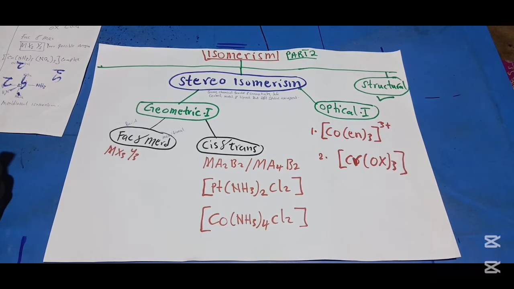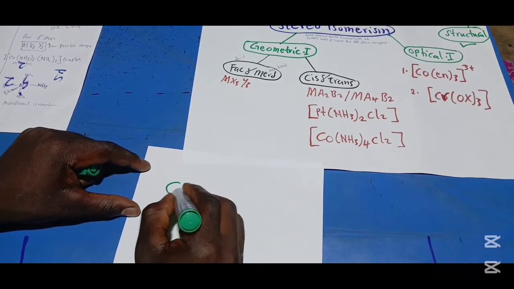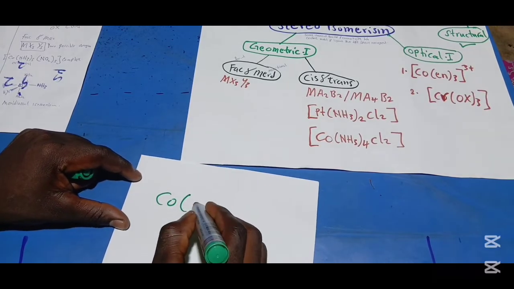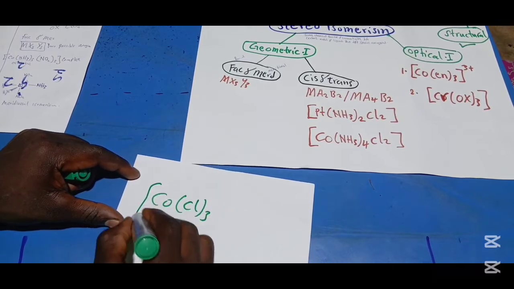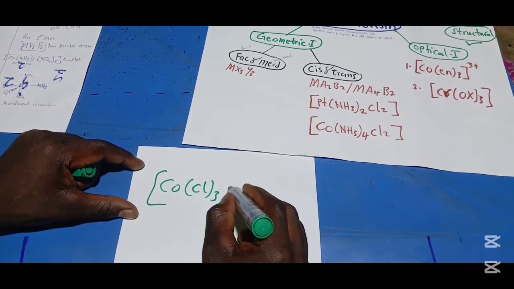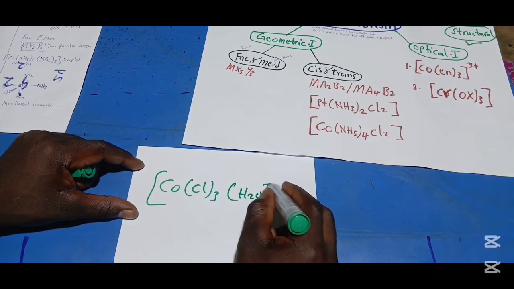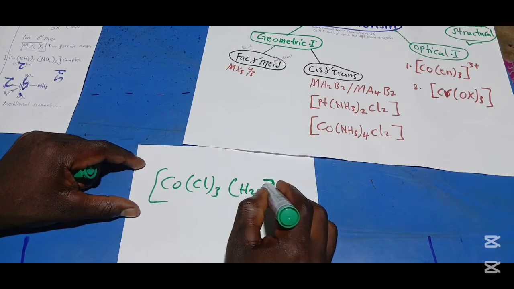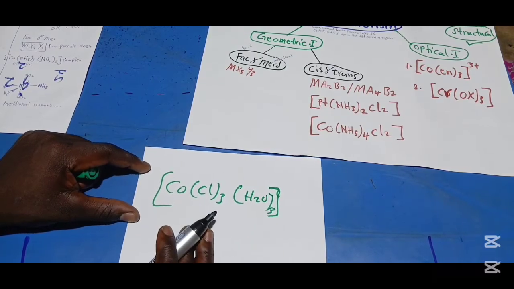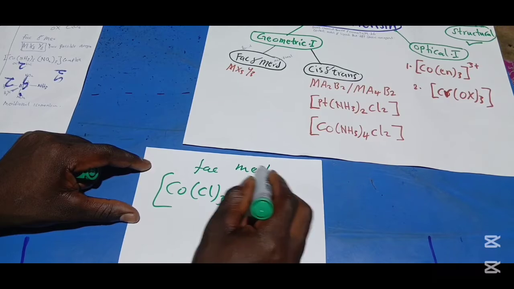Let me write this. Assuming we have cobalt forming a complex with three chlorine and three water, the highly possible isomerism that this complex can display is Fac and Mer isomerism.